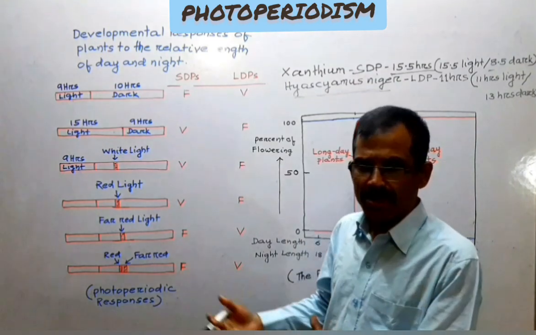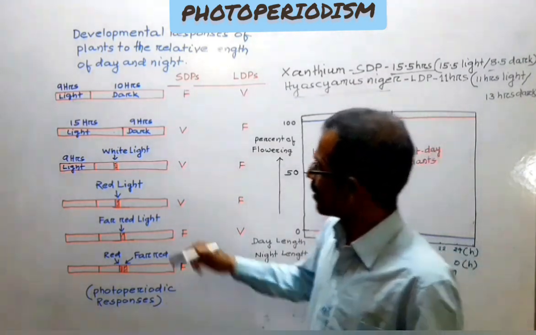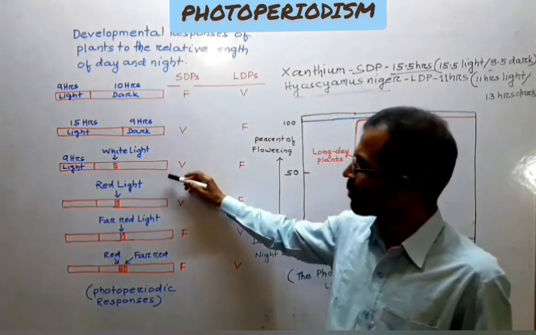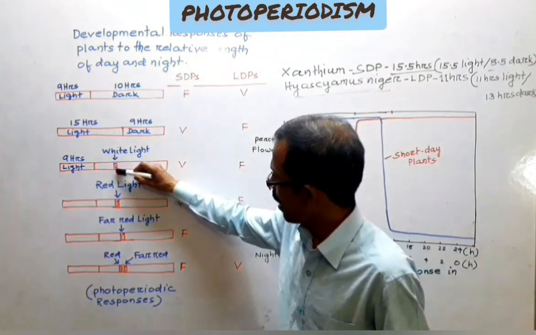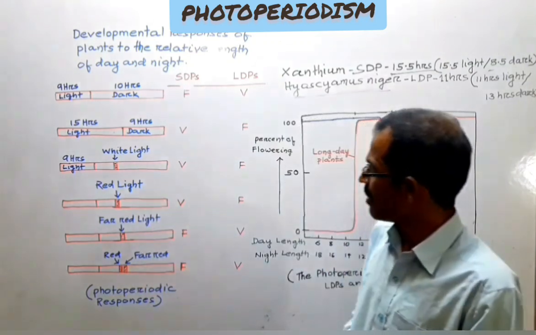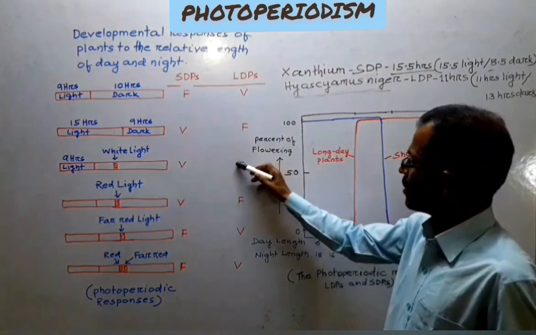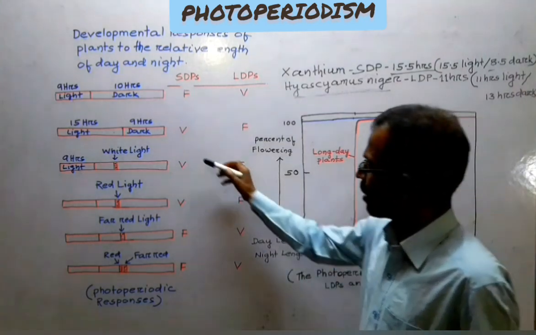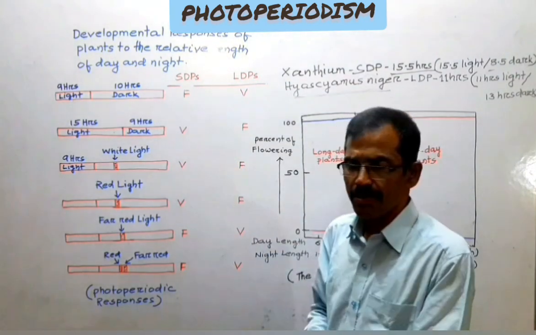In another experiment, when the long dark period is interrupted by brief flashes of white light or red light, then flowering is promoted in long day plants, but the short day plants remain vegetative.